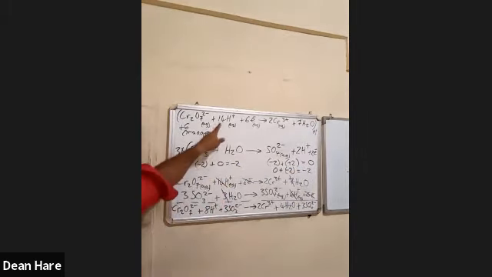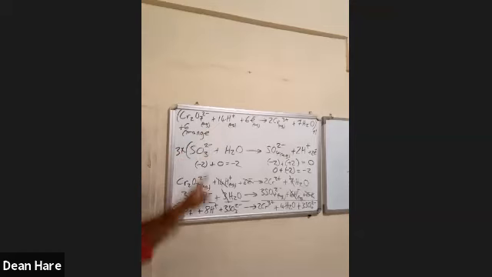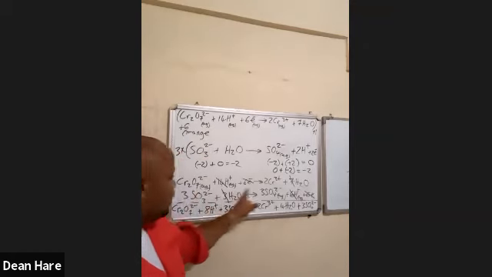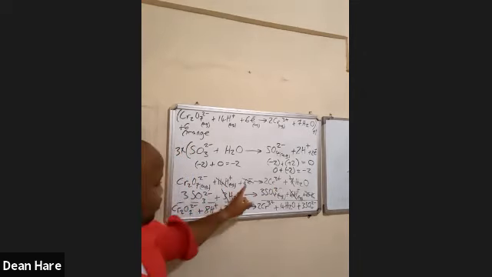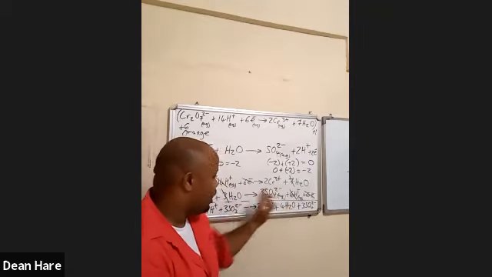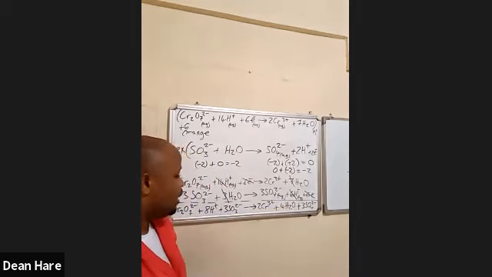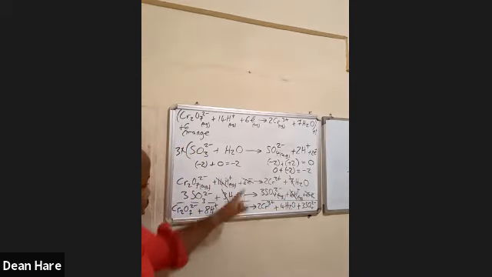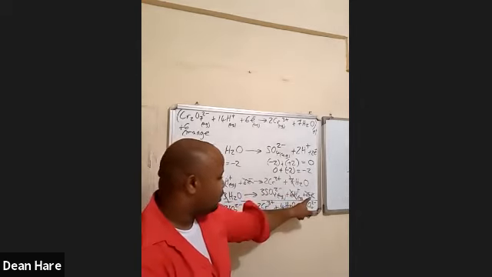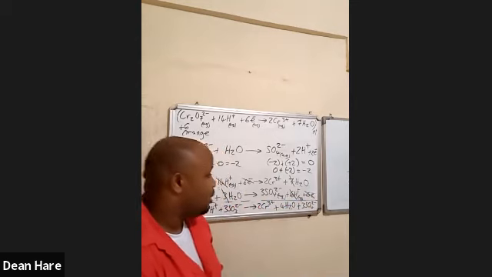And because we times this equation by 1, everything stays as is. So after you multiply everything so that the electrons become equal, that is when you can cancel. So the 6 electrons cancel 6 electrons.